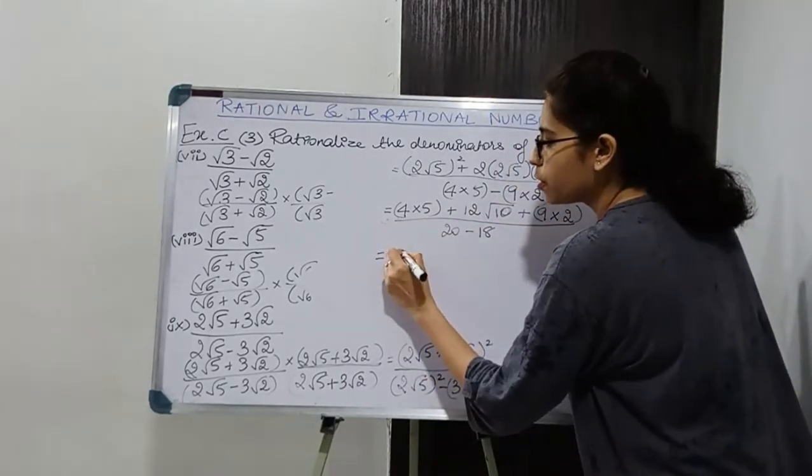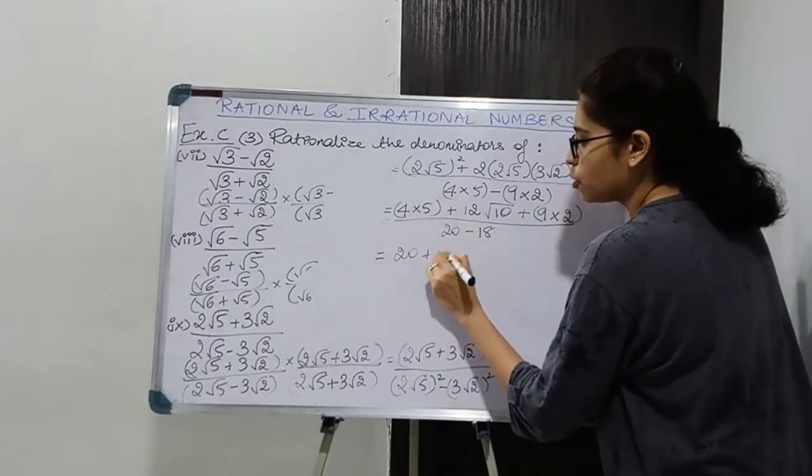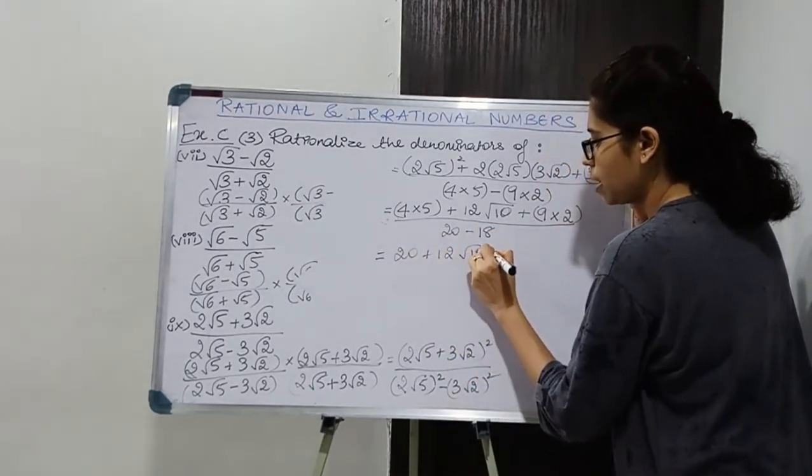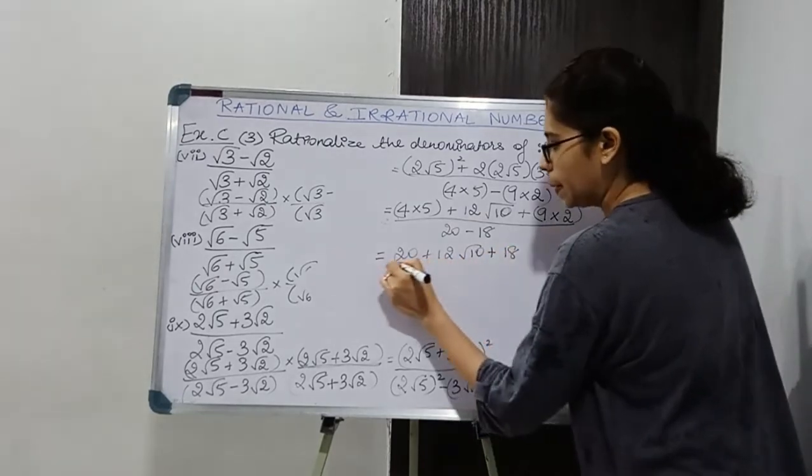Over here 5 4s are 20 again and 12 root 10 plus 18.